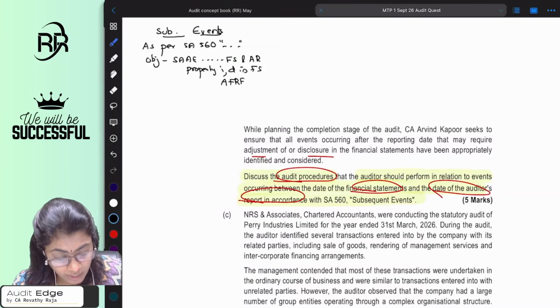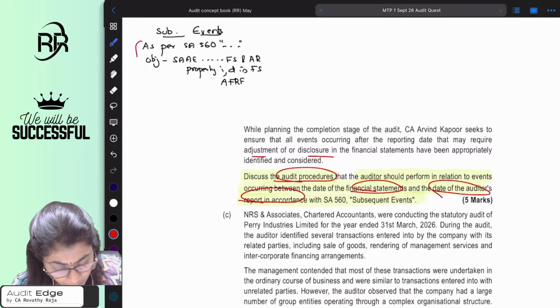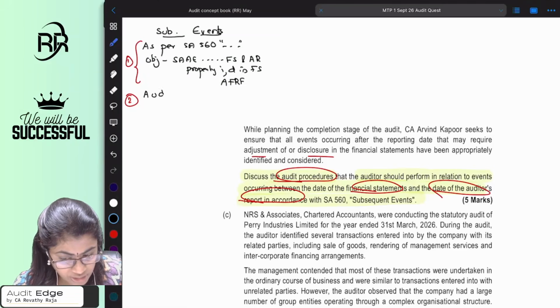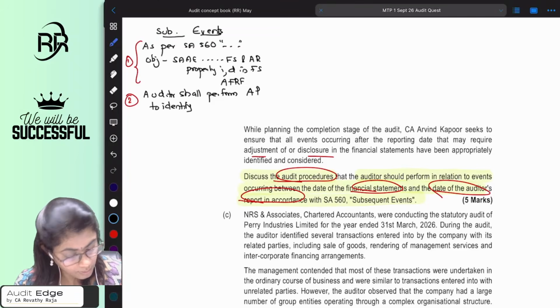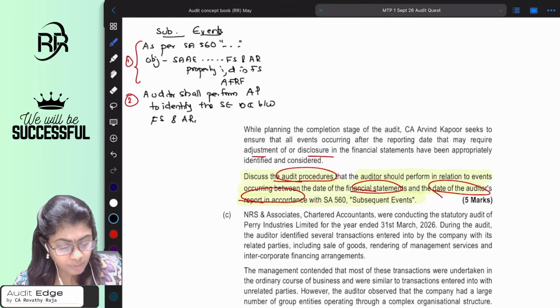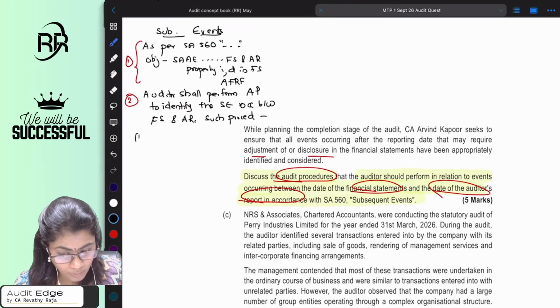Okay, then this is the intro para. In the next para, the auditor shall perform audit procedures to identify the subsequent events occurring between the date of FS and the date of audit report. Such procedures are as follows. 1.